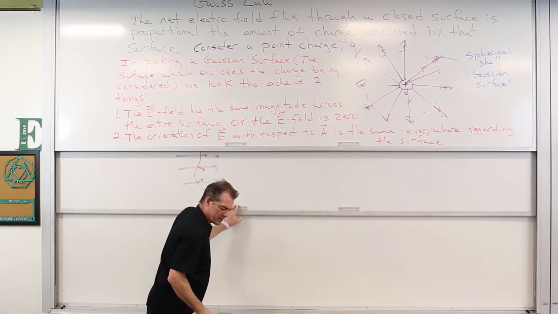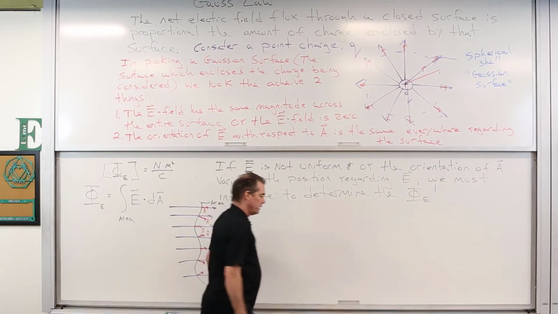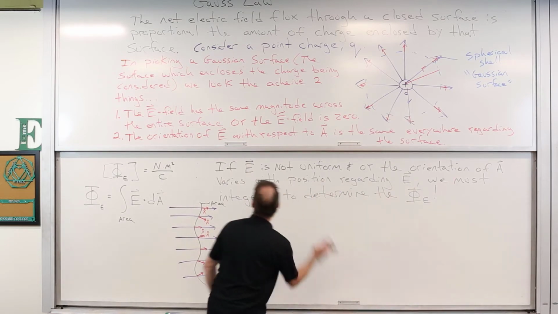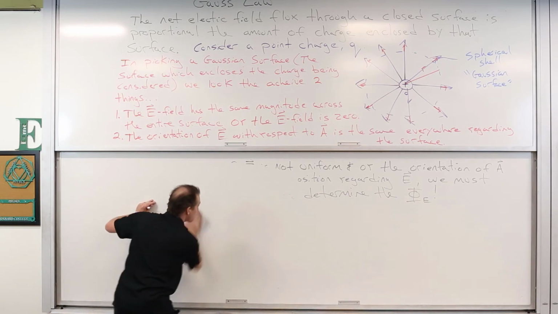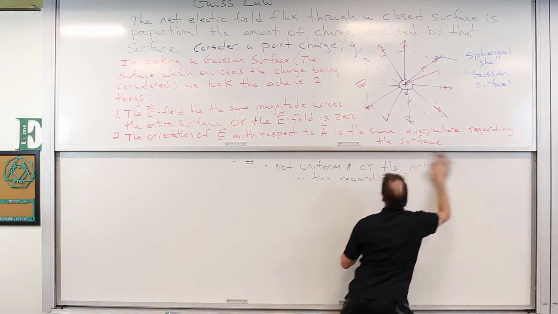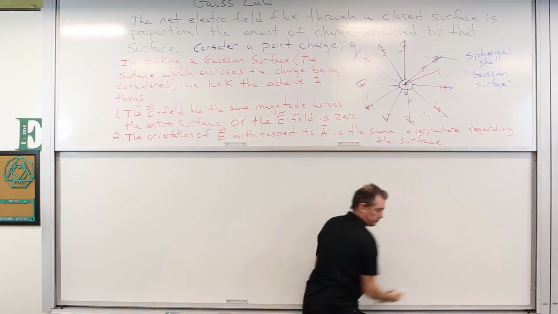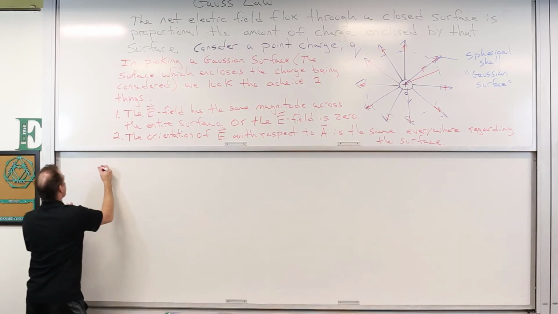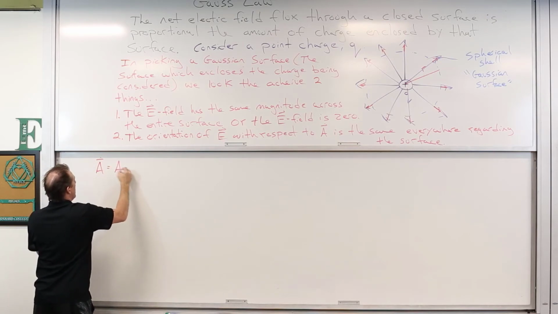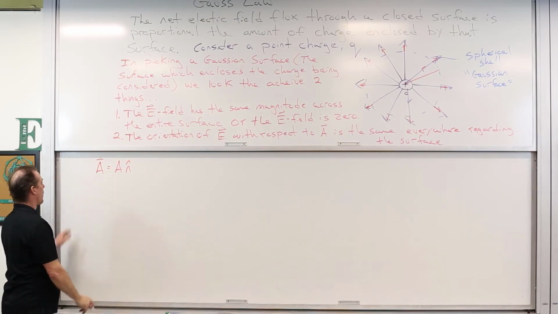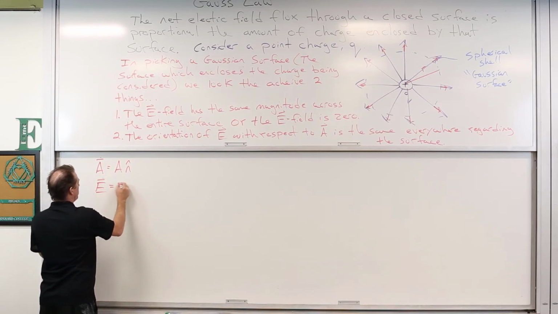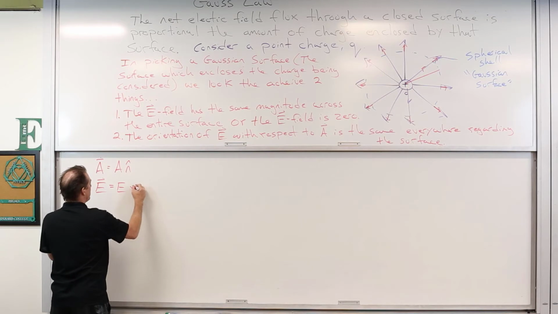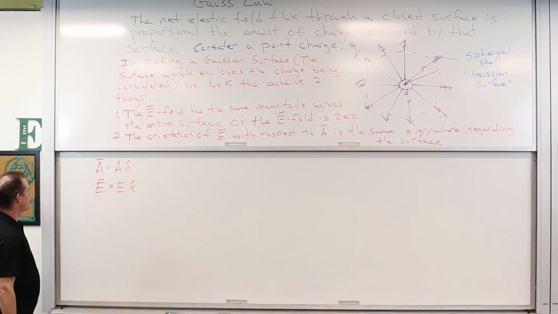So what can we do with this now? Well, first off, we can go ahead now and say that A hat is equal to A n hat. That's great. And then we have E hat is equal to E times R hat. That's great too.